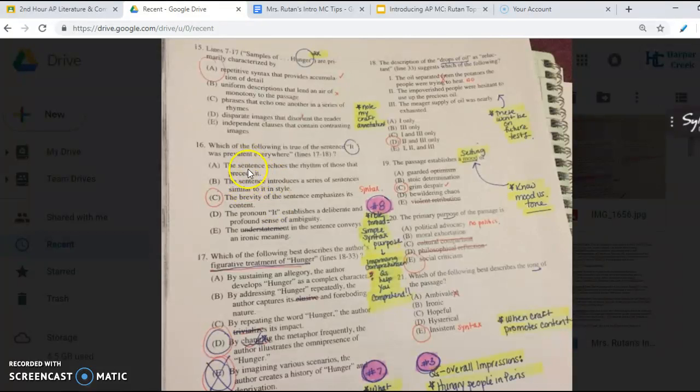These ones do have that thread of syntax, but there was definitely no rhyme, so I would cross that out. I do think B is the tricky one, but the reality is when you look at the evidence, it is brief. And because that sentence is brief, that means C is the in-text evidence to support it.